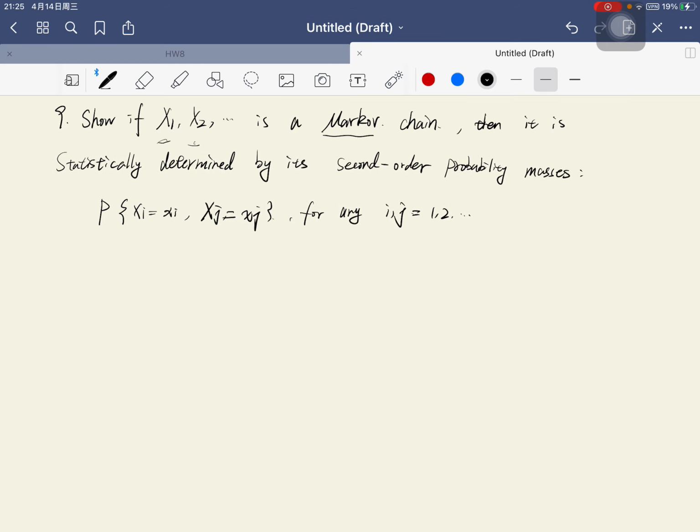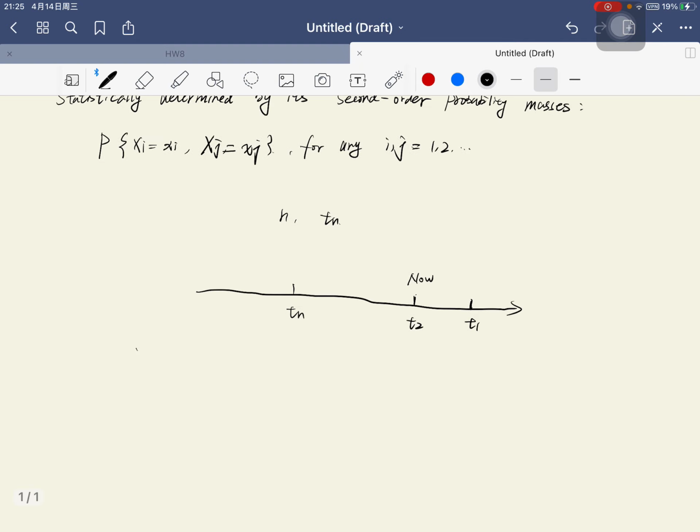For any n and tn, if t2 is the present state and t1 is the future state, we could have the probability of X(t1) smaller or equal to x1 under the condition of the earlier states, X(t2) equals x2, X(t3) equals x3, and so on, X(tn) equals xn.